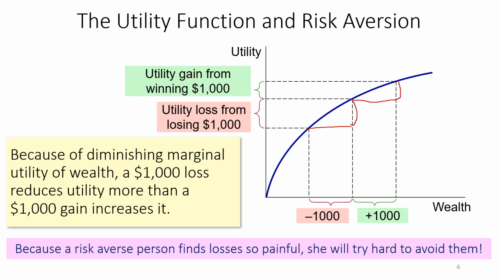So compare the change here from losing 1,000 to the change here from gaining 1,000. A big difference. This sort of proves what we talked about before, that the pain of losing $1,000 is more than the pleasure that one gets from gaining the same amount. And that proves the notion of risk aversion. A risk-averse person finds losses so painful she will work hard to avoid them. That describes risk aversion in a single graph.